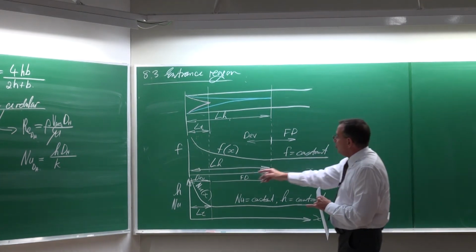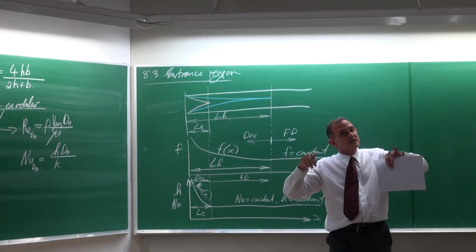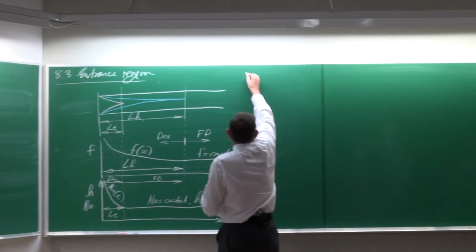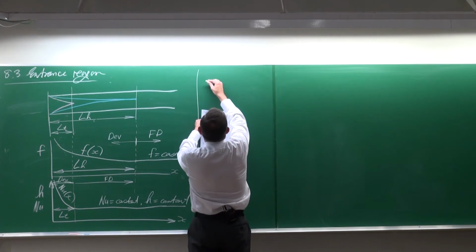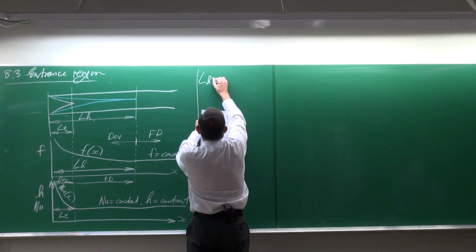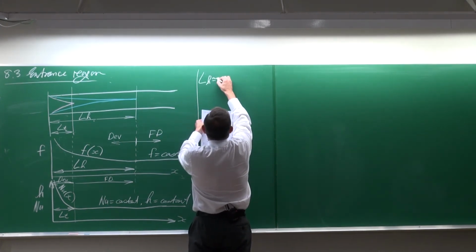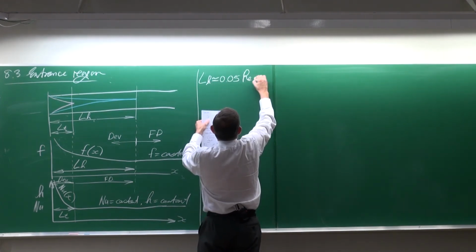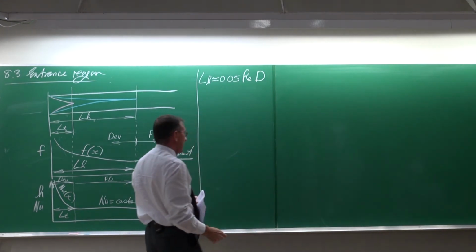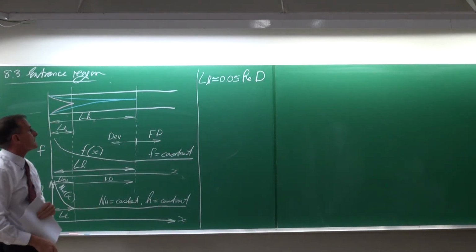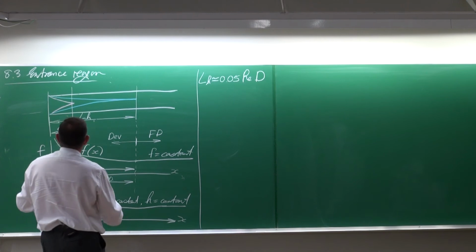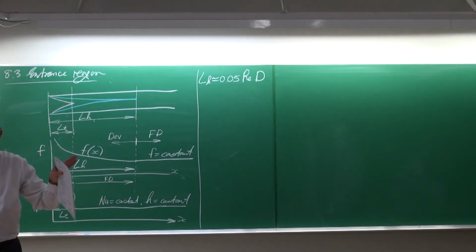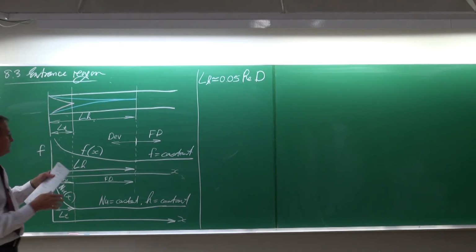Now, it is very important for us to know how long it takes for the flow to be fully developed. And equations have been developed for it, and you should know this one. LH is approximately equal to 0.05 multiplied by the Reynolds number multiplied by the diameter. LH is that length for the velocity boundary layers to get fully developed.